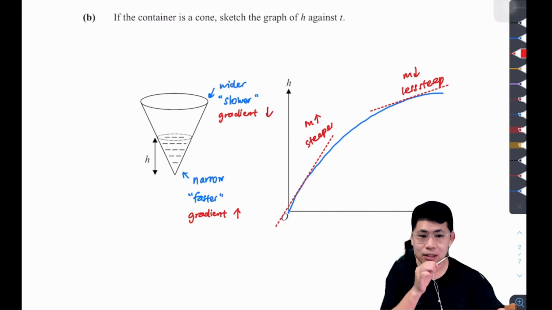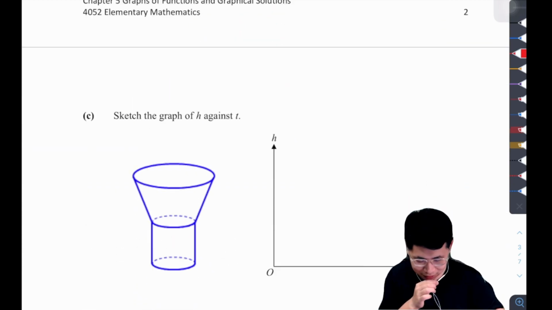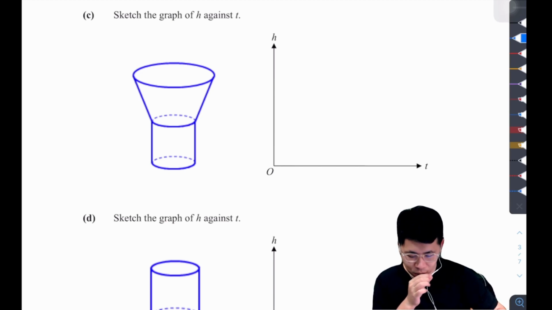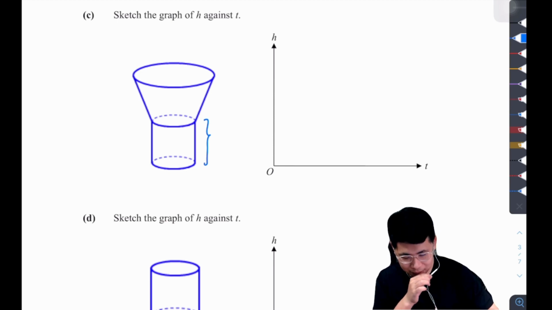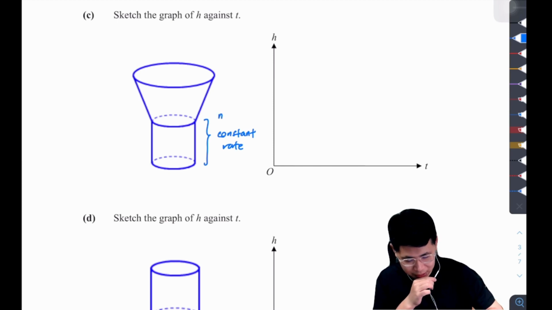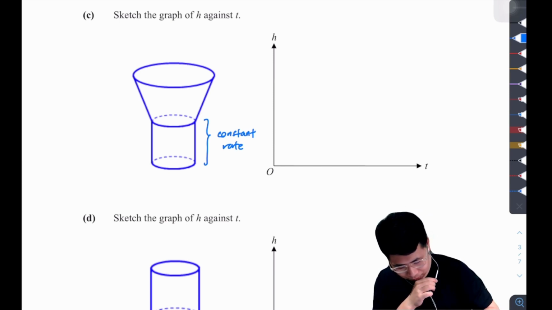Okay, so now this is just another example. Let's take a look at other wacky examples. Over here, sketch the graph of H against T. Over here this is narrower, but this is going to be a constant rate because the width is the same. Then over here it is going to be narrow, so it's going to fill up faster.